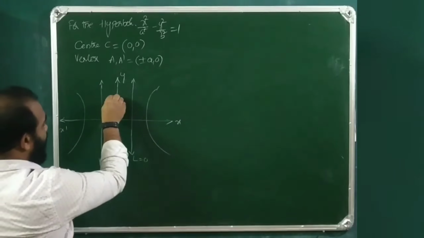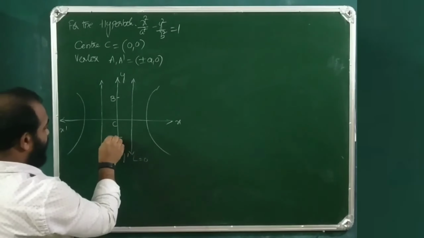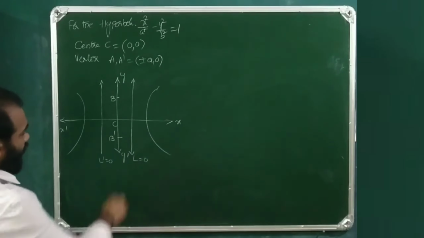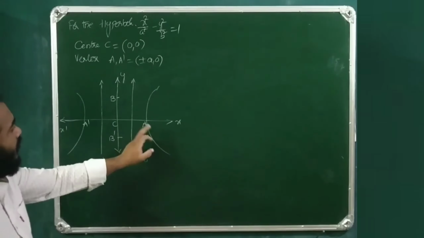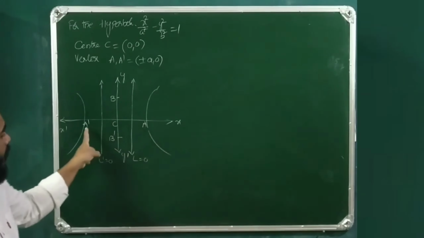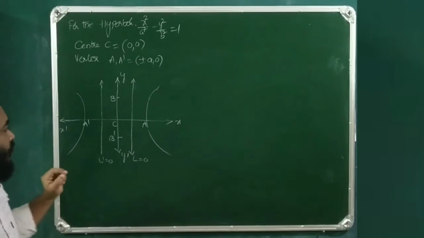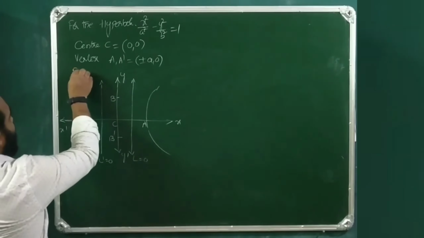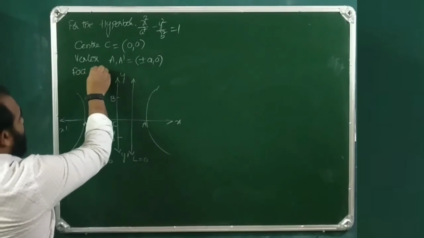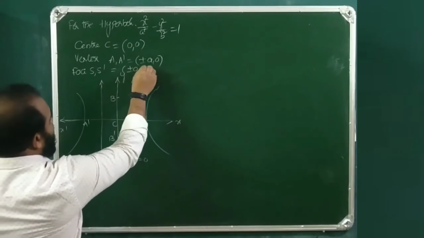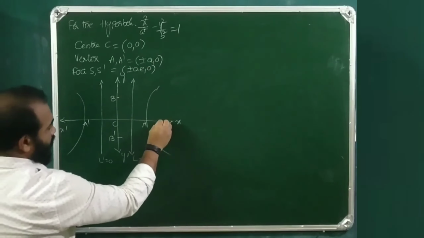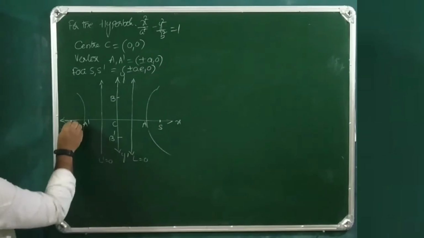This is B dash, A dash. So vertices are a comma 0, minus a comma 0, and foci S dash is equals to plus or minus a e comma 0. This is focus and this is the second focus.